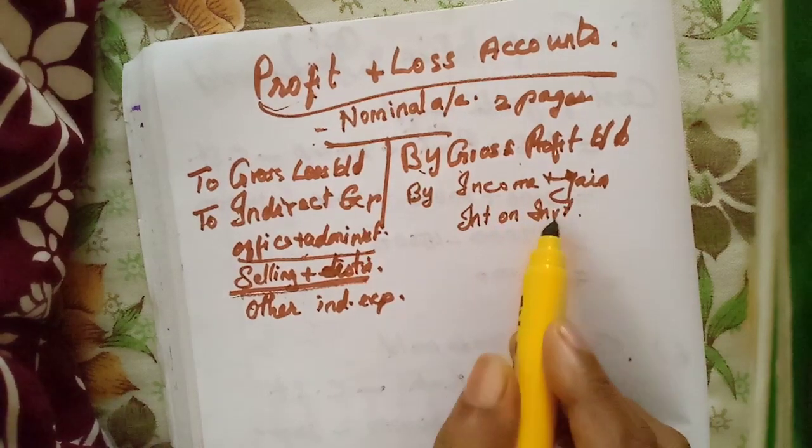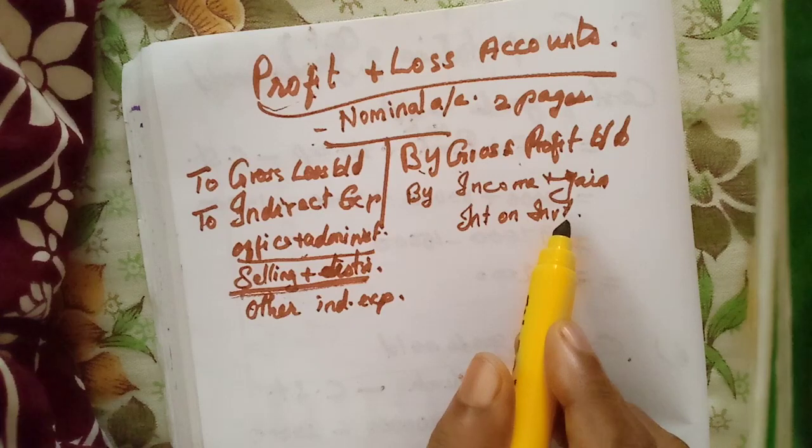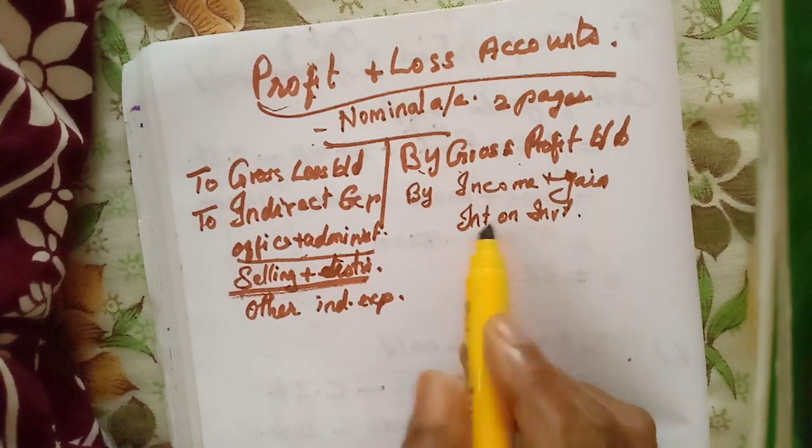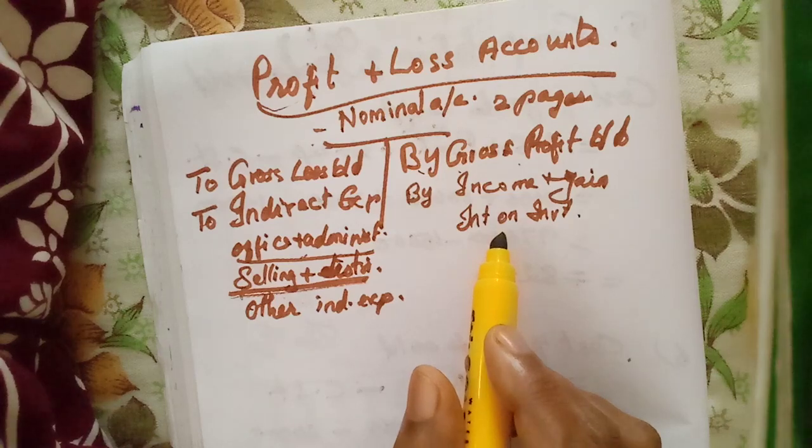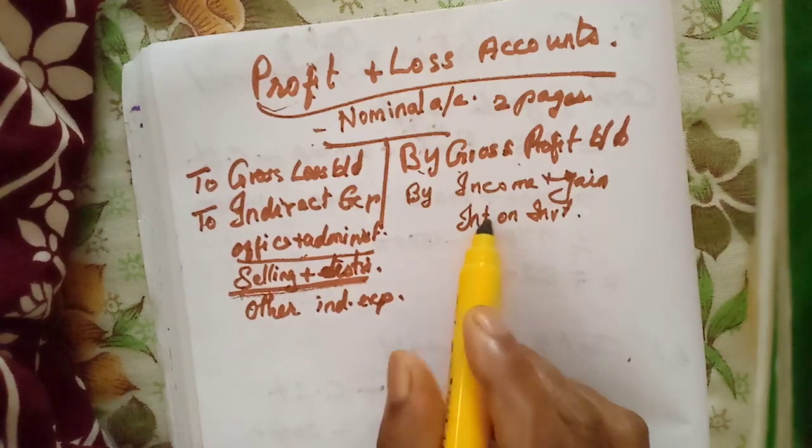If we have invested some amount in securities, monthly or yearly we will receive some interest, that is interest on investment. Then rent earned, discount received, commission earned, interest earned, and dividend received. All these are indirect income.